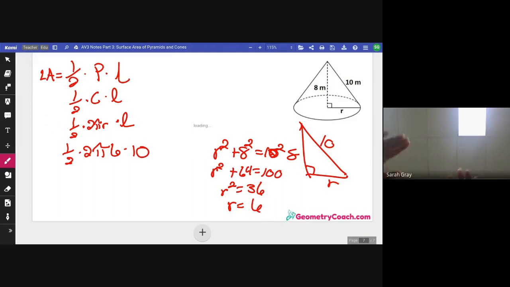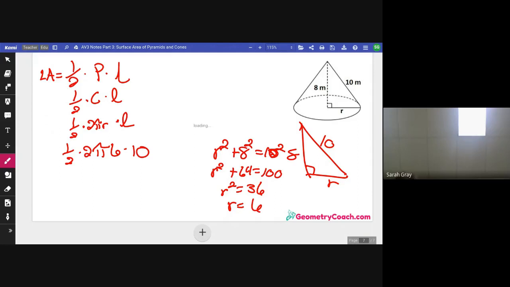It's not actually part of the cone. We'll use it when we get to volume. We've got to figure out how much ice cream we can pack in there, but not when we're just talking about the outside part, the surface area. Same thing on pyramids. You don't actually touch that interior vertical height with the wrapping.